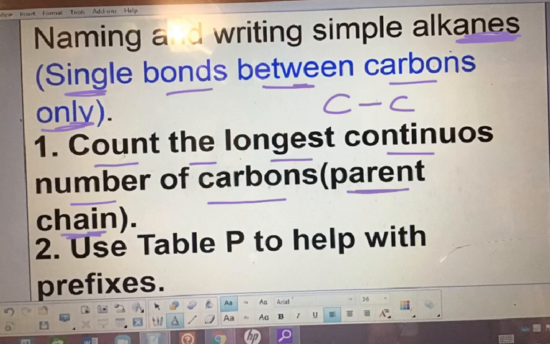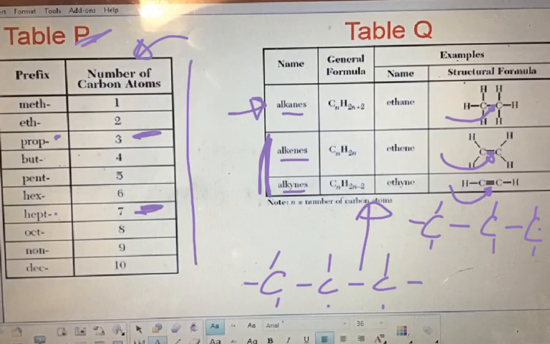All right. So if I do this, 1, 2, 3, 4, and I ask you how you name that one right there, how do you think we're going to start naming it? You don't panic. You count 1, 2, 3, 4. Four carbons. You go back to your Table P, and you see 4 carbons. Your prefix has to be what?